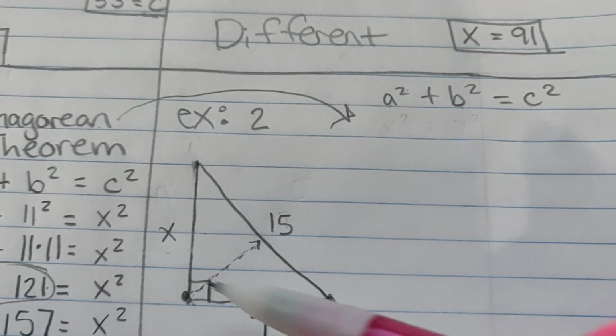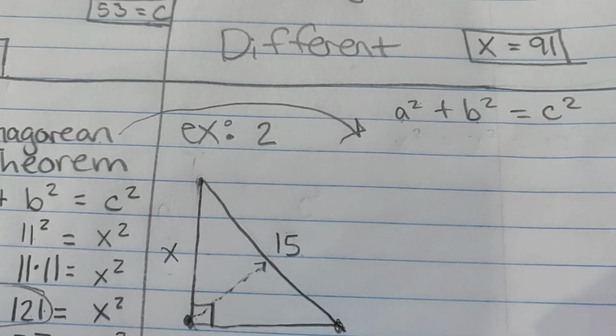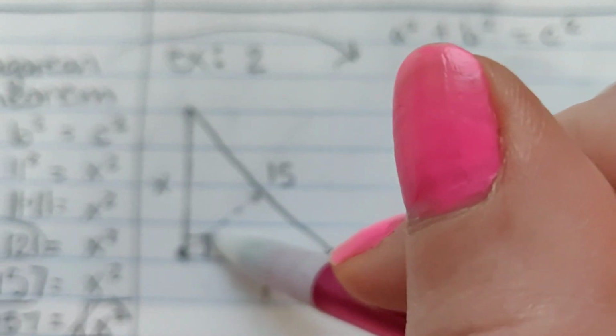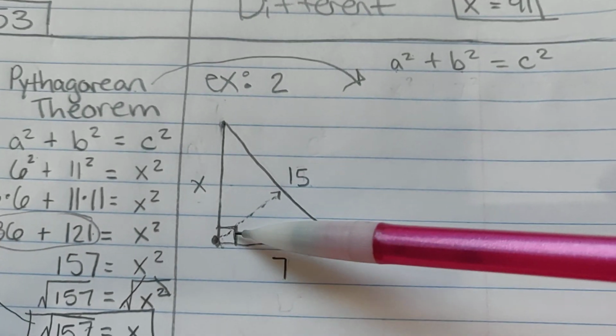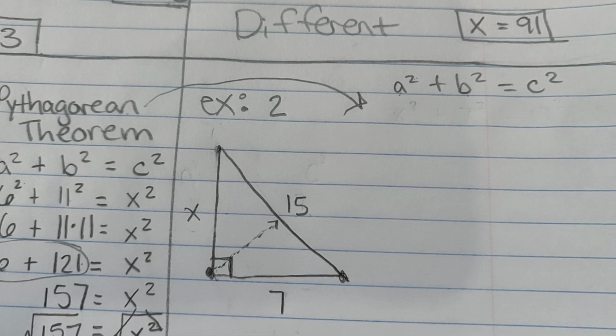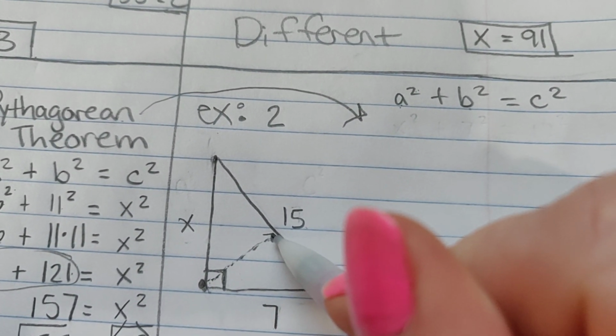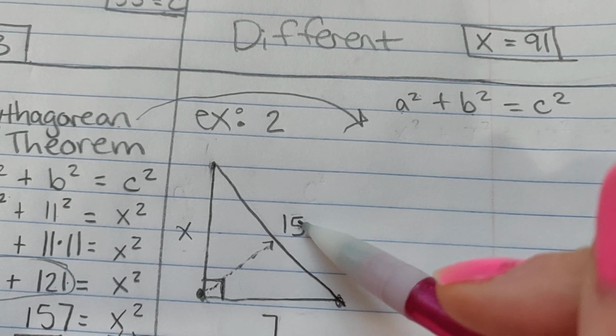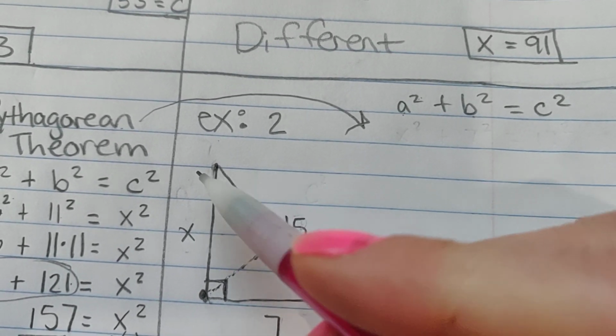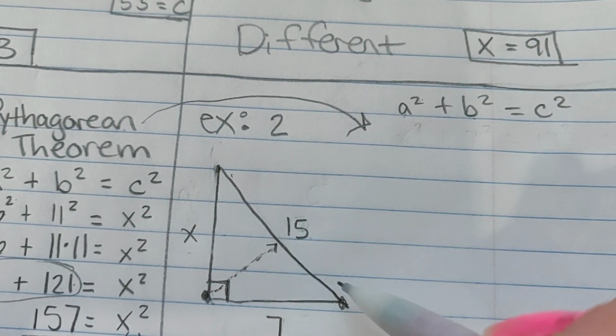And when I don't have A, B, or C labeled, I know that if I can find my right triangle, which is right here, and go across, this side is going to be the hypotenuse. The hypotenuse is always the biggest side of your triangle.